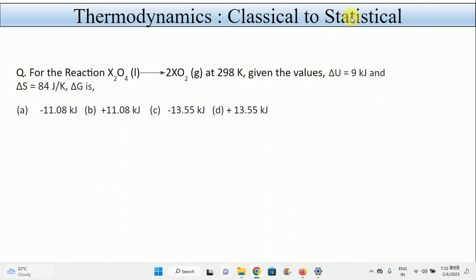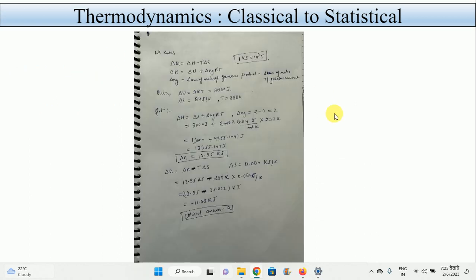First we need to check the units. Delta U is in kilojoule and delta S is in joule per Kelvin. So we need to convert kilojoule into joule. Our answer is in kilojoule, so we will convert to joule, and after getting the answer, we will convert back into kilojoule.